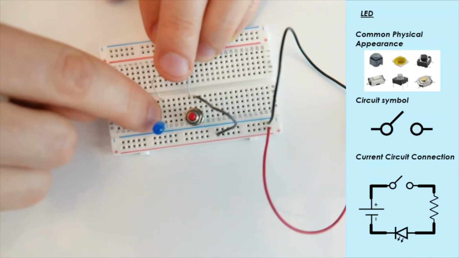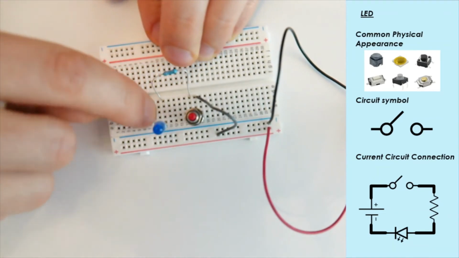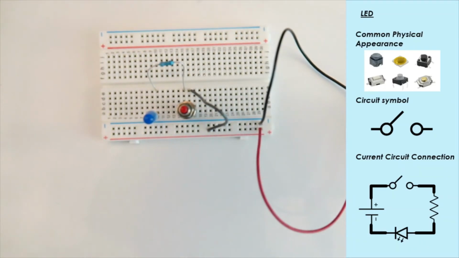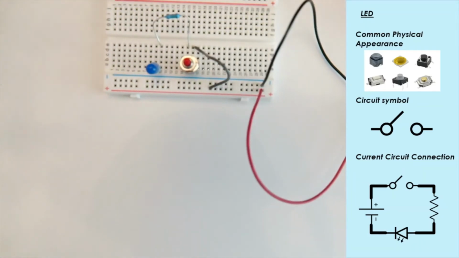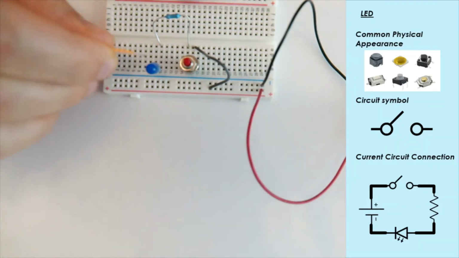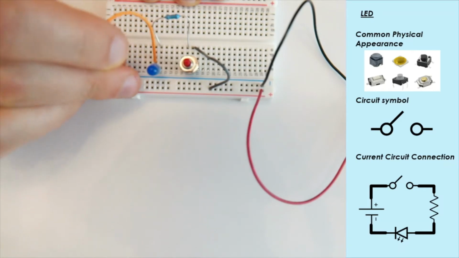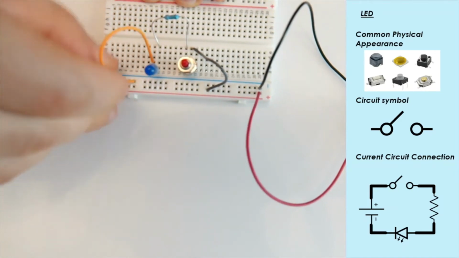Okay, so we're going to connect positive side into here, negative side into this rail, and then finally we just need another piece of wire. We connect this side into our negative. We close the loop.